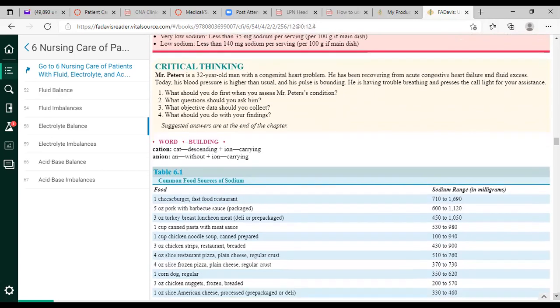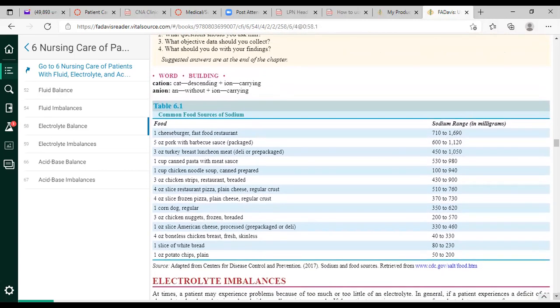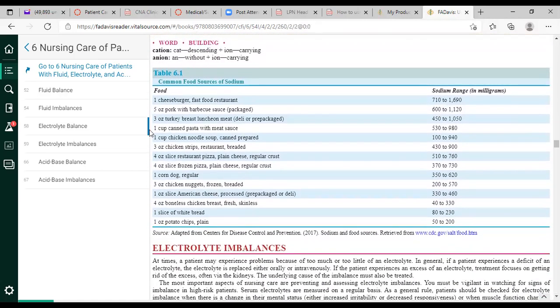And it's talking about electrolyte imbalance, and this box is pointing out different foods that are high in sodium. So you want to be mindful as a future nurse, and once y'all hit fundamentals of nursing, you cover nutrition and realize that you have to learn what's in foods.